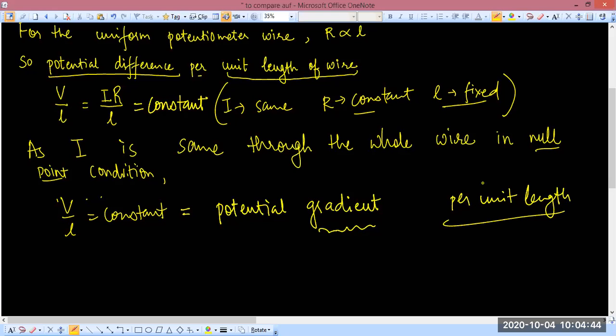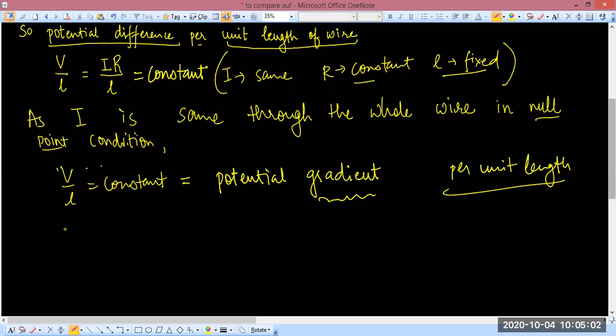Listen carefully: this has been given a special symbol. We write it as phi. If you want to write it in one line, write V by L is phi. So this phi is the potential gradient of the wire.